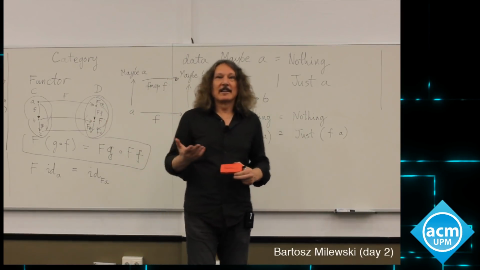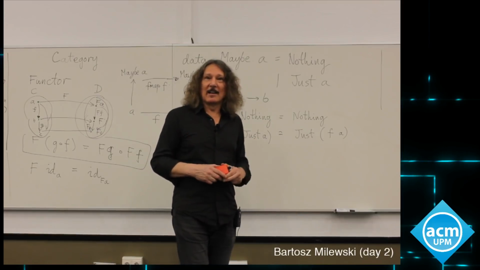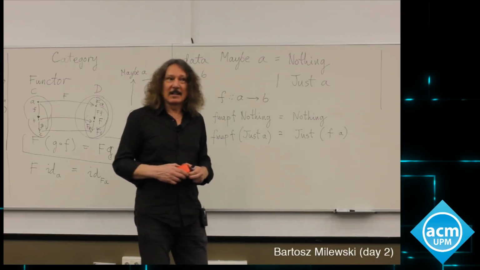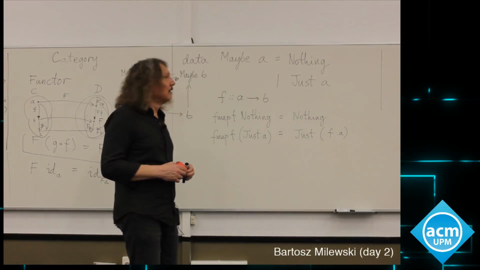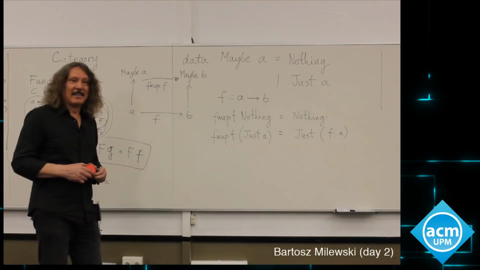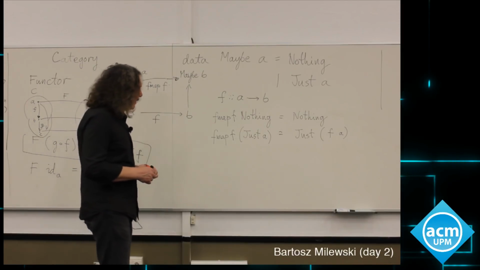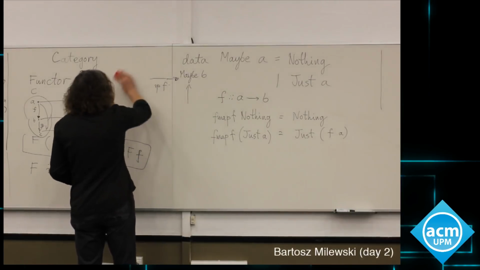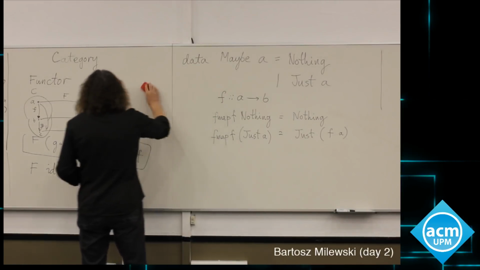So, does it really take identity into identity? Does it take composition into composition? It's not obvious. So actually, let's check, because there is a way of doing this in Haskell.